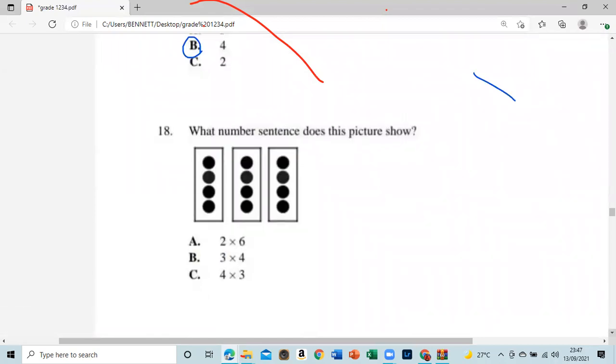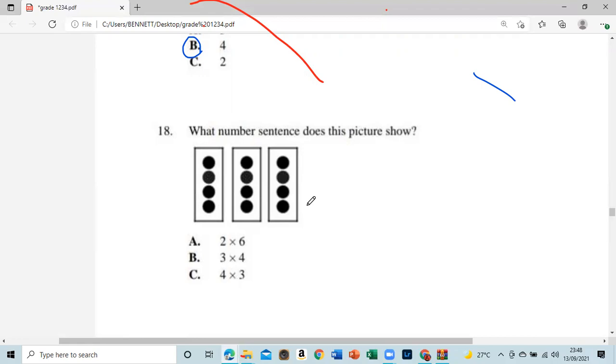All right. What number sentence does this picture show? Is it 2 by 6? Let us see. How many columns? 1, 2, 3. So it's 3 columns. How many in there? 4. So is it 4 by 3 or is it 3 by 4?